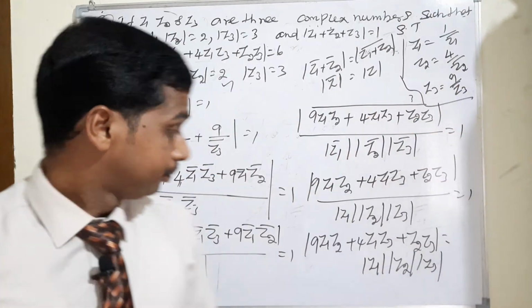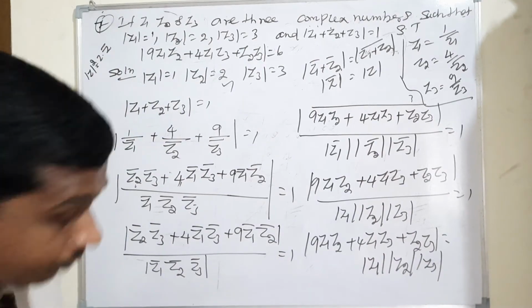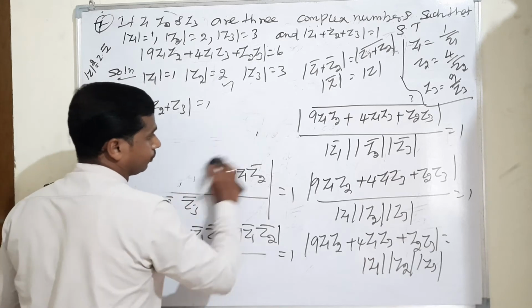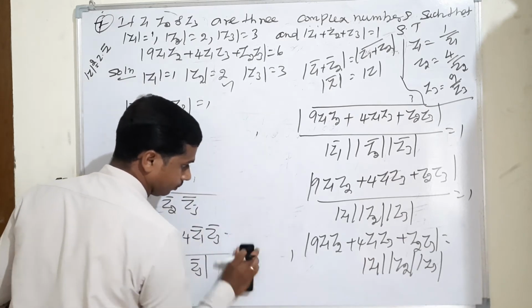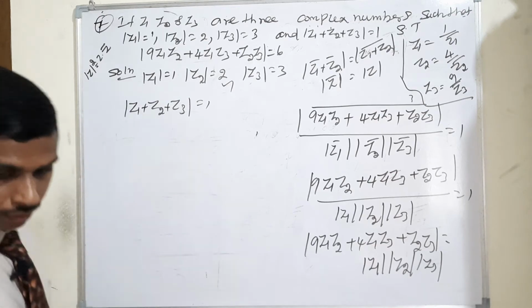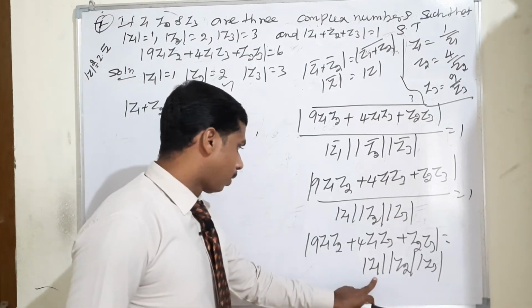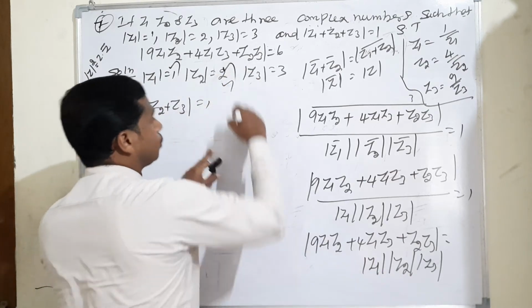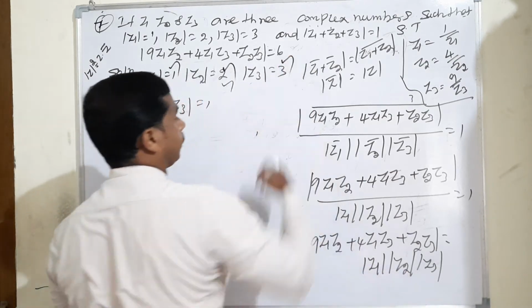So now, we already know the values. Modulus of Z1 is equal to 1. Modulus of Z2 is equal to 2. Modulus of Z3 is equal to 3.